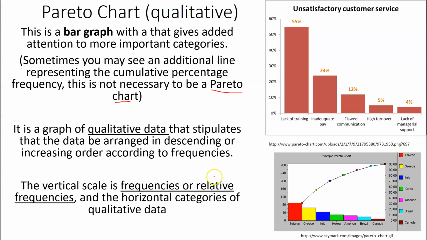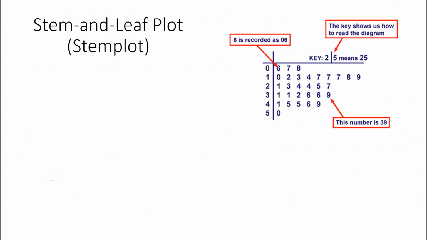When I just use the term relative, that almost implies percent. I know they're technically not the same thing, but we calculate our relative frequencies typically for the purpose of switching them over to percent frequencies. So the frequencies or relative frequencies are, of course, on there as well.